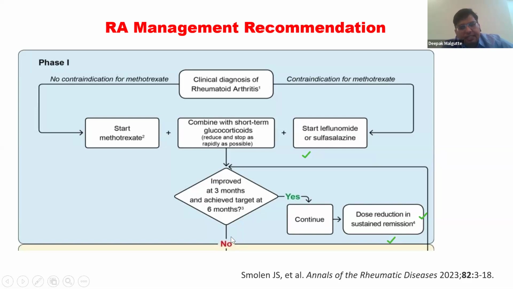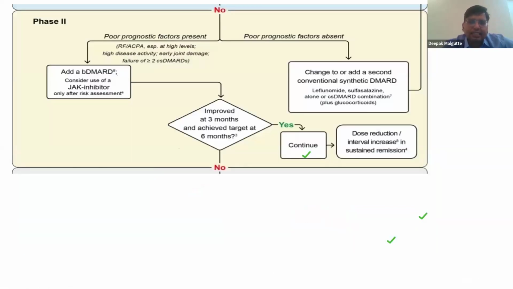And if you are not achieving this goal in the first 6 months with methotrexate or the initial conventional DMARD, then we plan to escalate the therapy, for which we look for the presence of any poor prognostic factor, which include high titer RA factor or anti-CCP, or high disease activity, or evidence of joint damage, or failure of more than one conventional DMARD therapy.